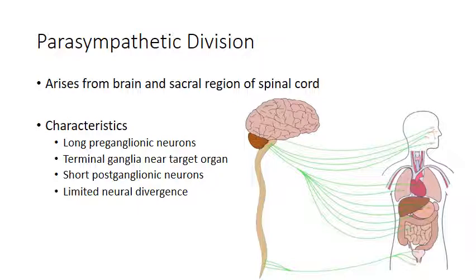That makes stimulation by the parasympathetic division more selective than the sympathetic. The sympathetic sends one message down a preganglionic neuron, and that message ends up going down 10 to 20 postganglionic fibers. It can have a very widespread effect. That's not selective stimulation of a target. The parasympathetic is much more selective than that. We don't get that divergence, and so a message going down a parasympathetic fiber is going to make it to a very specific endpoint.